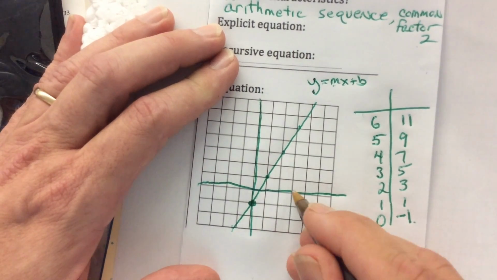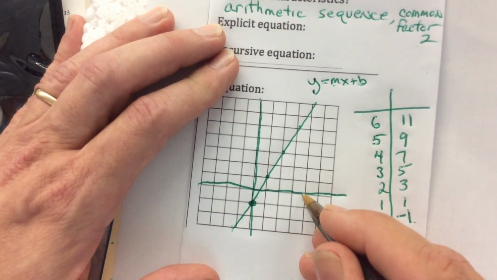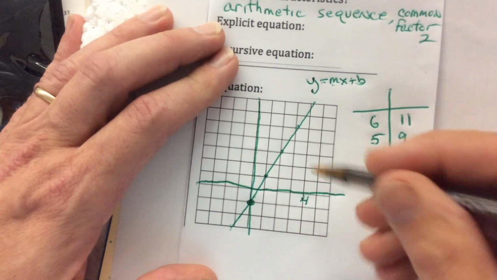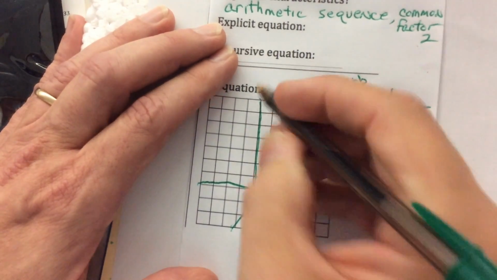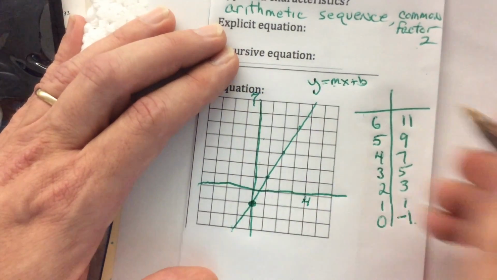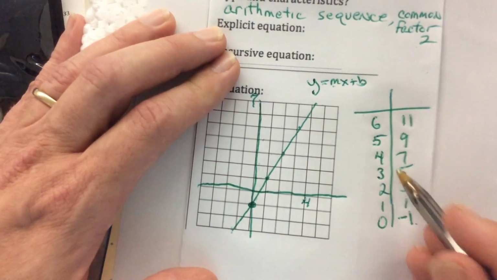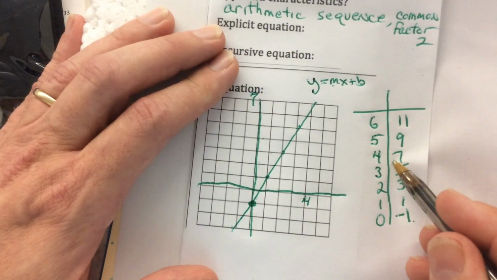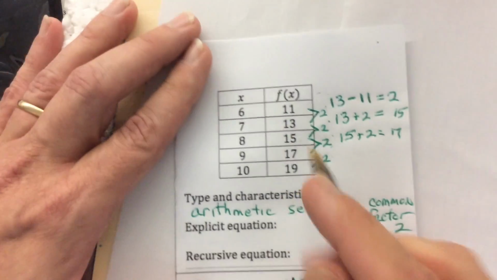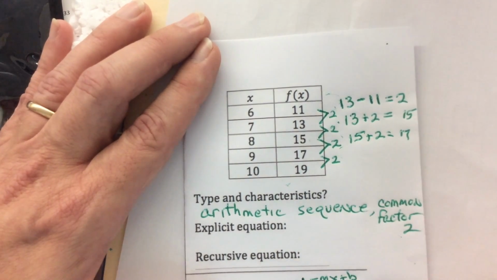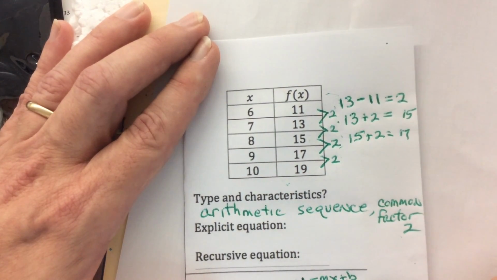This is the fourth one, and over here this would be 1, 2, 3, 4, 5, 6, 7. So my fourth term should be 7. Hey, and it is. And if I keep going up that way, all of these will turn out to be points on the line.